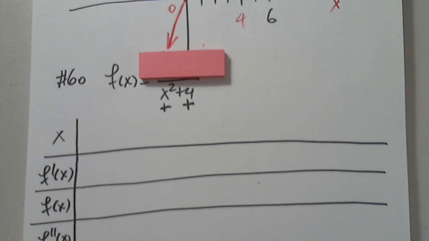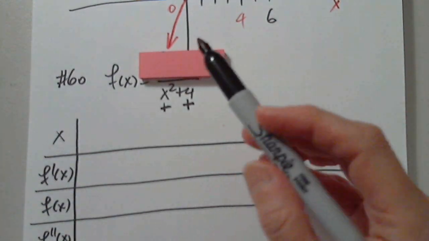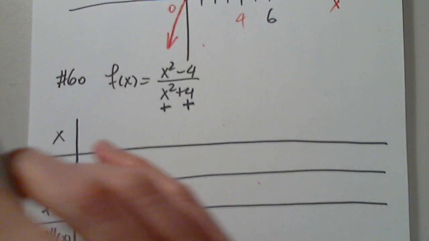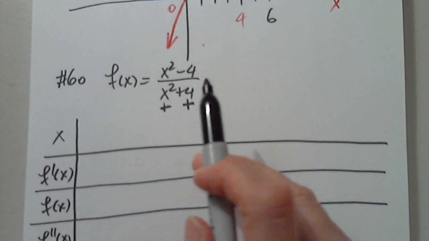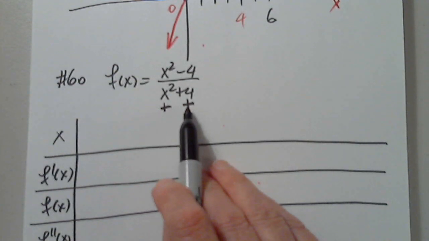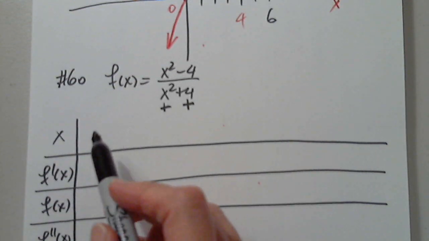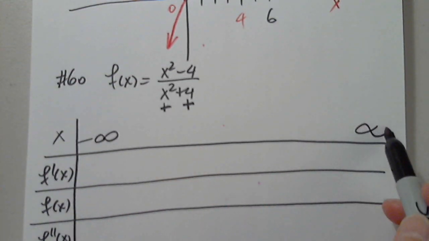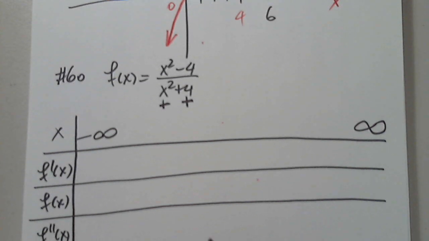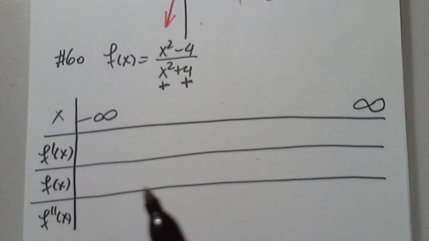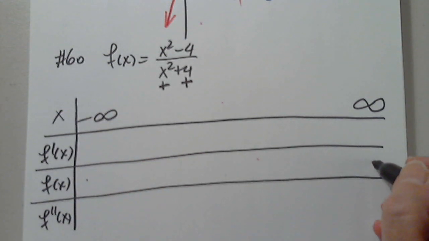So when we talk about rational, x squared plus 4 cannot be 0. It will never be 0. A positive number plus another positive number will never be 0. So it happens that this is a friendly function. Anything goes.